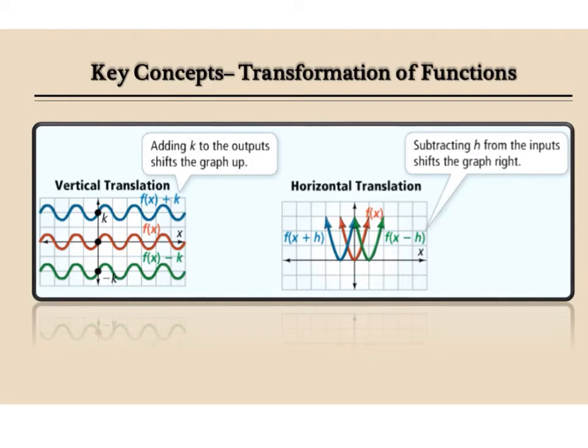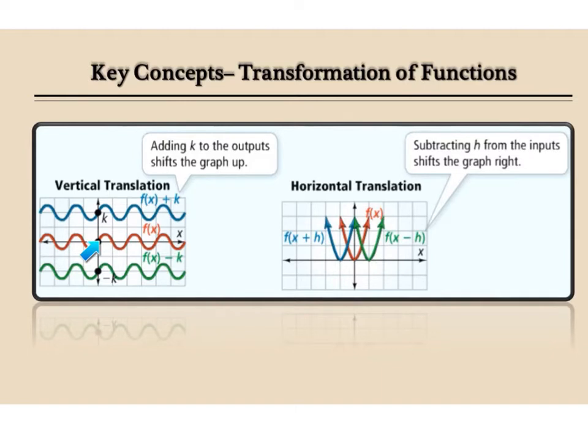All right, here is what we are talking about when we're talking about a parent function and transformations and how to do it. This would be f of x, or the parent function. The red in the middle here is also a parent function. Now, a transformation, in this case, would be translations.